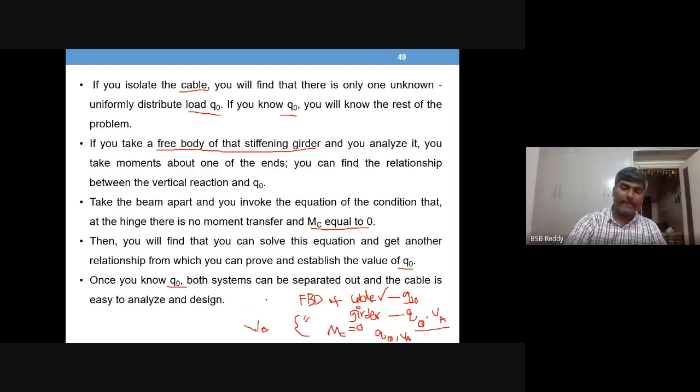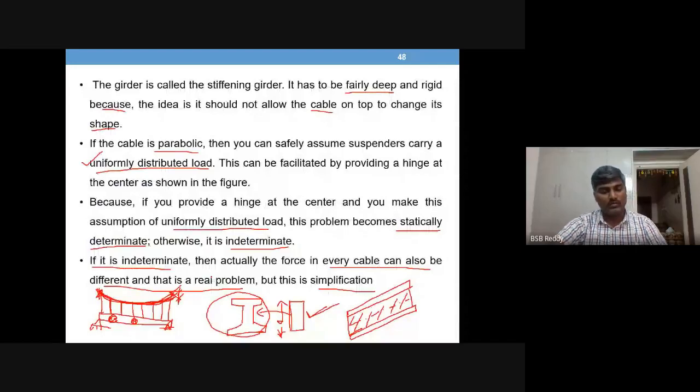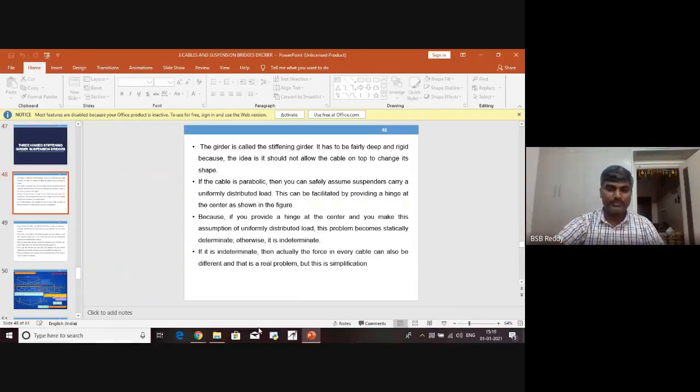We will take up a problem in the next session, and we will see how we solve this three-hinged stiffening girder example. Right. Thank you.